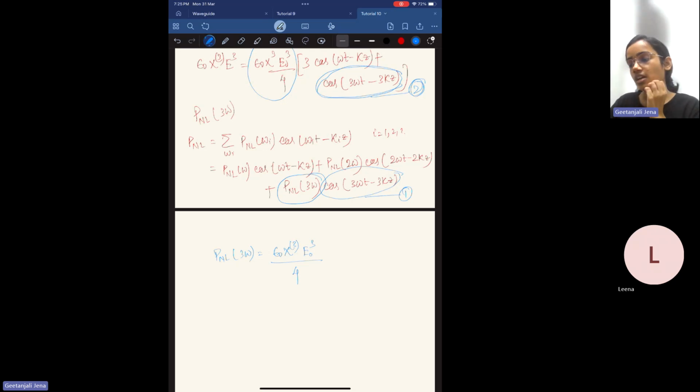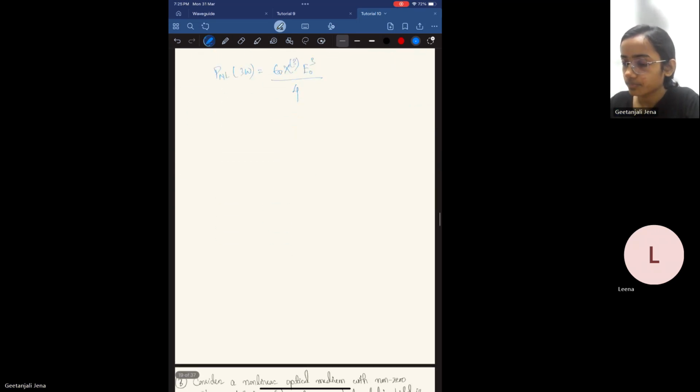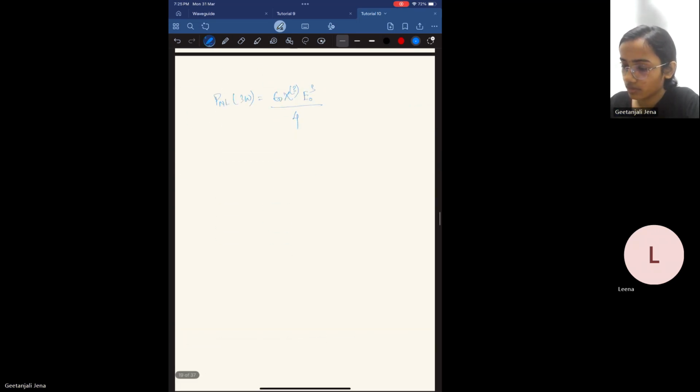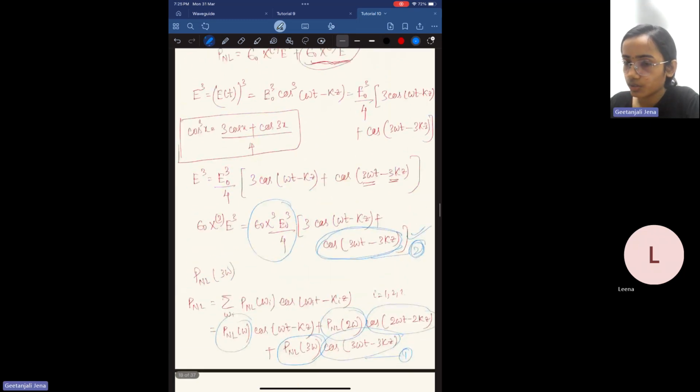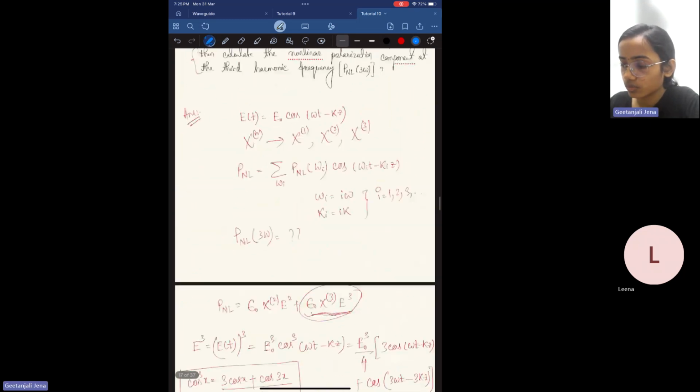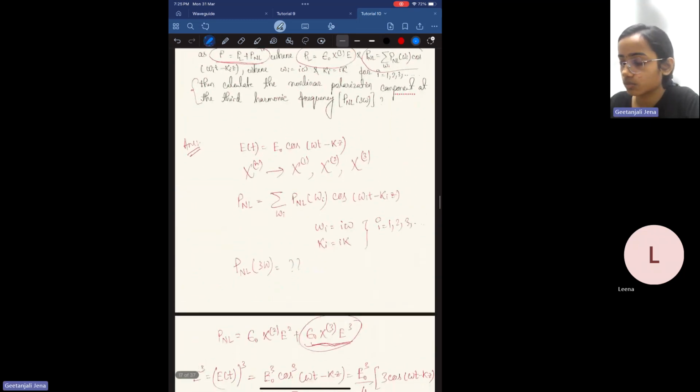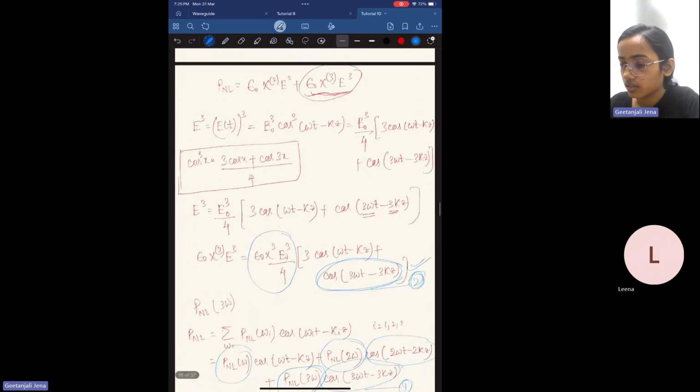Similarly, if the question asks what is the second harmonic generation, then we need to compare this with the expression that we can explicitly calculate. So from that you can calculate P_NL(2 omega) or P_NL(omega). Okay. So is this clear? Or do you need to go through any of this step?